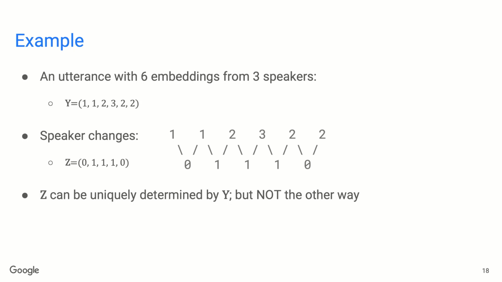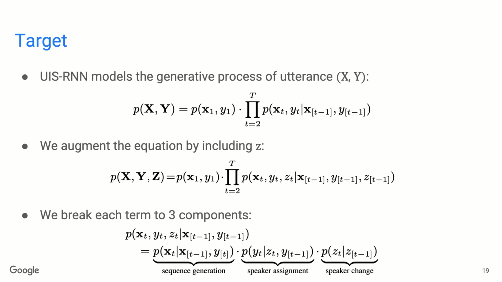Z can be uniquely determined from Y, but Y cannot be uniquely determined from Z. Our target of UIS-RNN is to model the joint probability of X and Y. We also include Z in the joint probability, such that we can decompose each term into three components: sequence generation, speaker assignment, and speaker change.